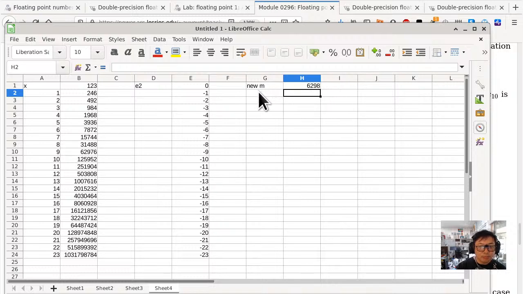And what about my new E10? My old E10 was -42. So now, because I just divided the mantissa by 10, I can now increment the exponent of 10 by 1, so it is now -41. Is everybody still following the math involved?